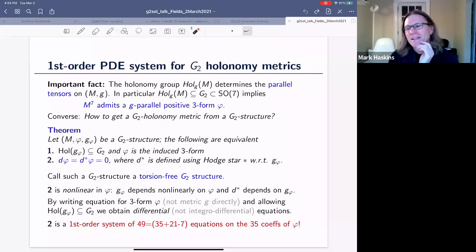But the basic picture is that by the time you impose the diffeomorphism invariance, suppose that you had a G2 holonomy metric and you look at what nearby ones would be like, then they would be given by the harmonic 3 forms on your manifold.